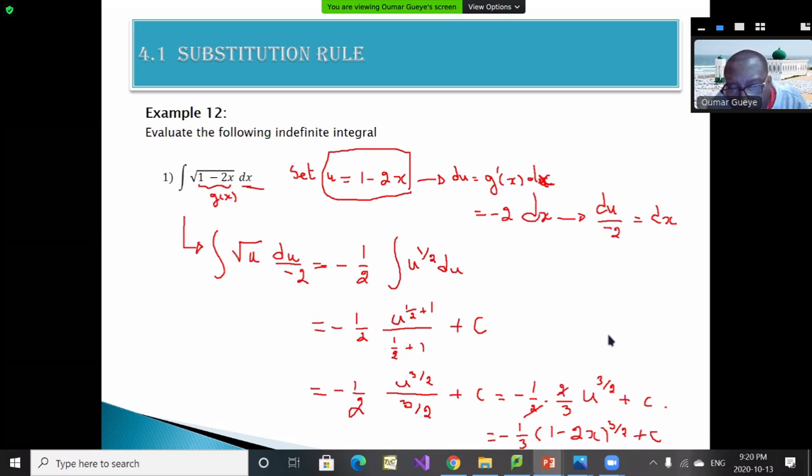So don't forget the last step, to substitute back in order to get your solution in terms of the initial variable, which is x in this case.